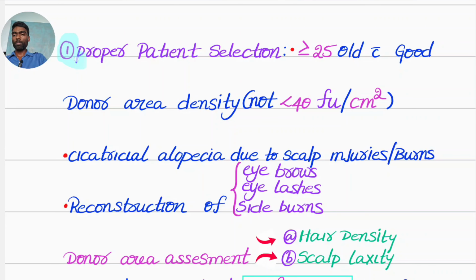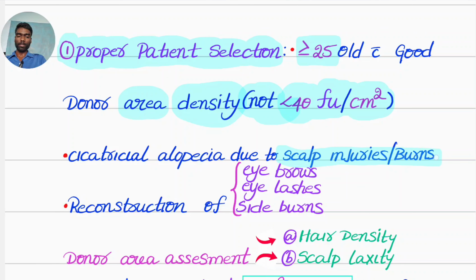First, proper patient selection. Equal to or more than 25 years old with good donor area hair density, that is not less than 40 follicular units per centimeter square. 1 millimeter square is equal to 1 follicular unit. Then cicatricial alopecia due to scalp injuries or burns.